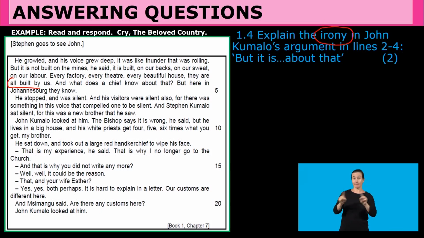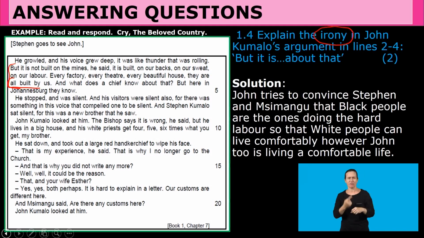Let me just locate it properly there. Now, we need to explain the irony in those words: that is built on our backs, on our sweat, every factory, every theater, every beautiful house. Why is it ironic? All right, so let's see what the answer or solution reveals to us.